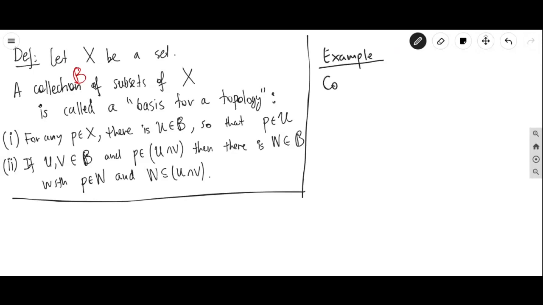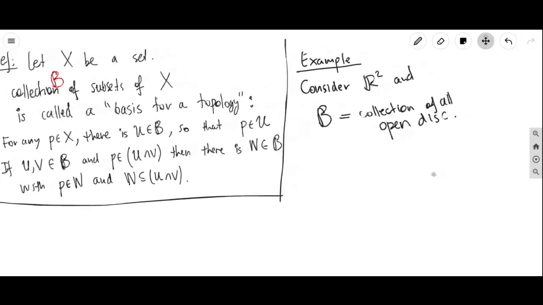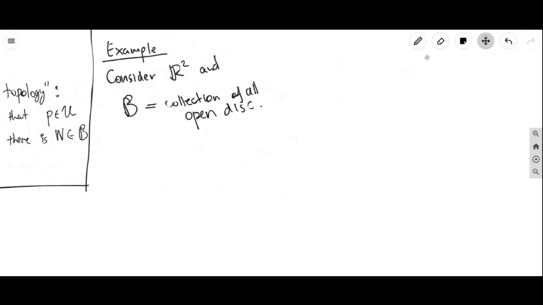Consider R2, the Euclidean plane, and the basis here is going to be the collection of all open disks. So the idea is that whenever we talk about open subsets of R2, we're not imagining open sets in general, we're just imagining open disks.